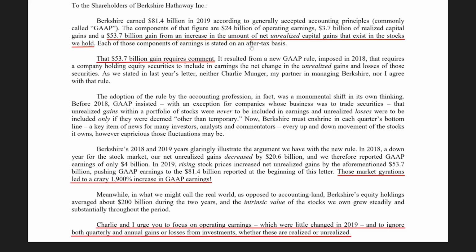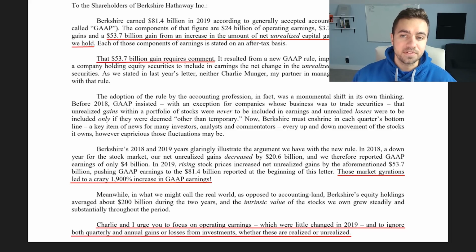The components of that figure are $24 billion of operating earnings, $3.7 billion of realized capital gains, and $53.7 billion gain from an increase in the amount of net unrealized capital gains that exist in the stocks we hold. So there you have it. Warren Buffett is saying that $53.7 billion of their net income for the year was simply just unrealized gains or fluctuations in their investment value.